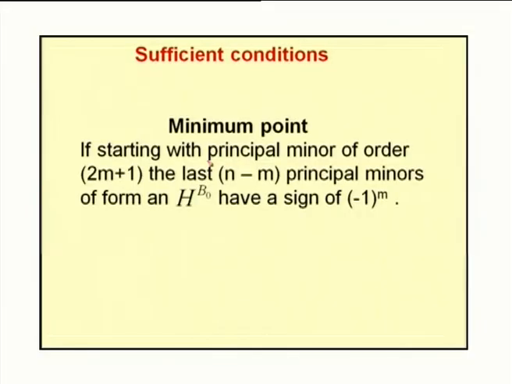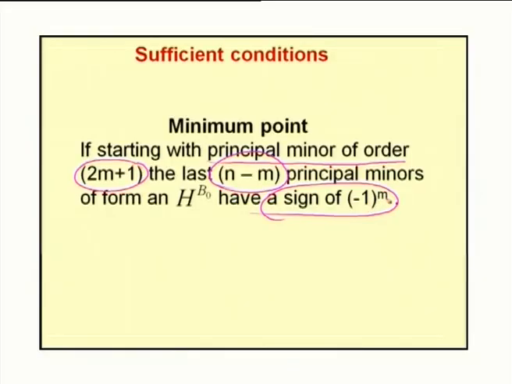Then this x0 will be a minimum point if, starting with the principal minors of order 2m plus 1, the last n minus m principal minors of HB0 have a sign of (-1)^m.